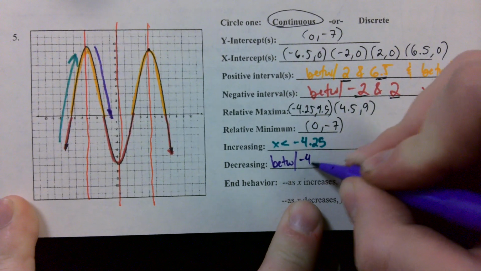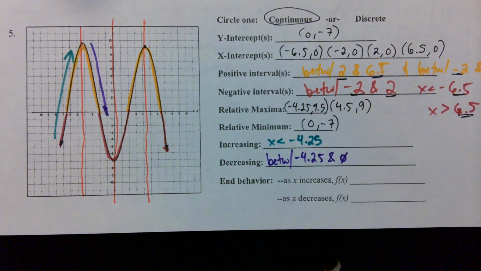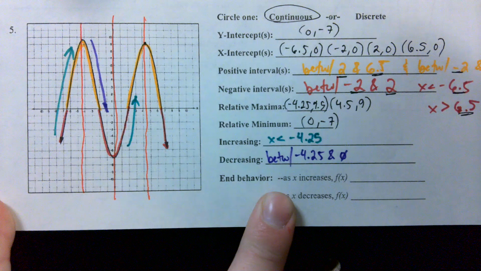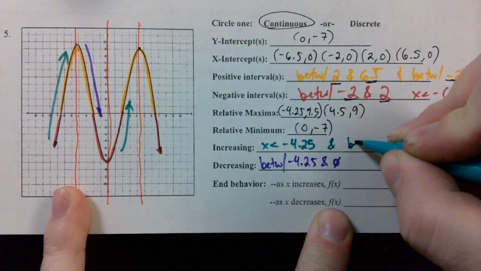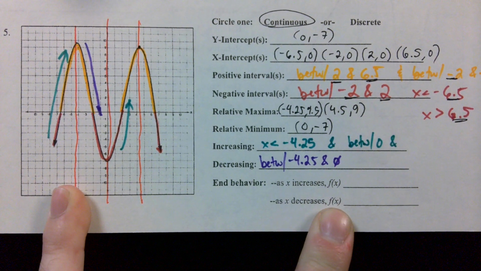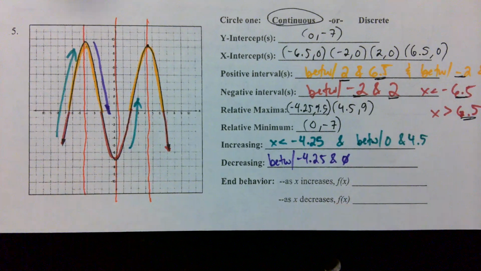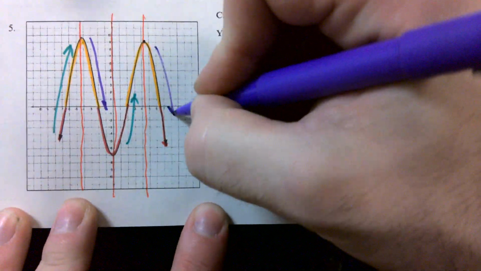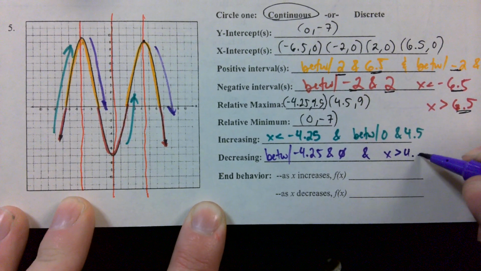Negative 4.25 and 0. Perfect. Nice and easy. I hit that min. I start increasing again, another contained interval, between 0 and 4.5. And then I hit my max and decrease anywhere greater than 4.5.